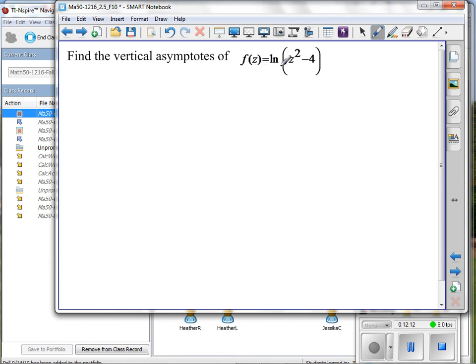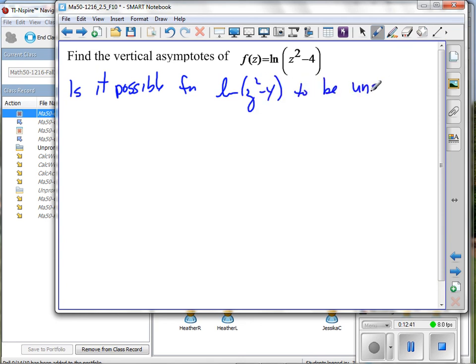We have the natural log of z squared minus 4. Now, again, we need to find vertical asymptotes. And what we're going to do is we're going to ask the question, is it possible for the natural log of z squared minus 4 to be undefined?